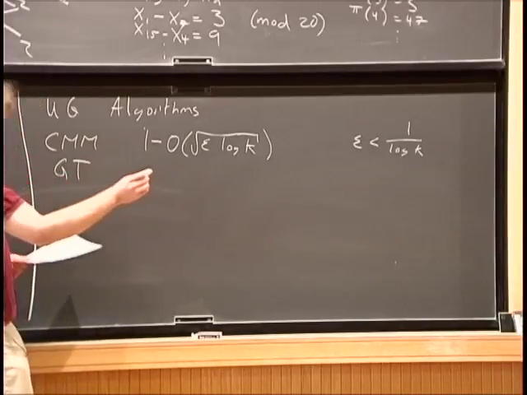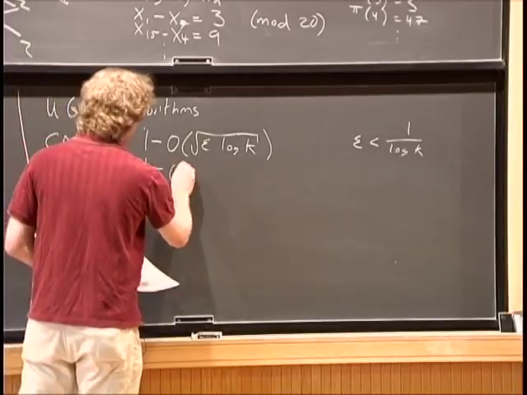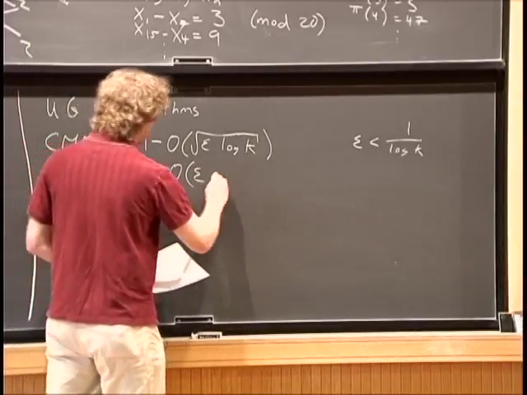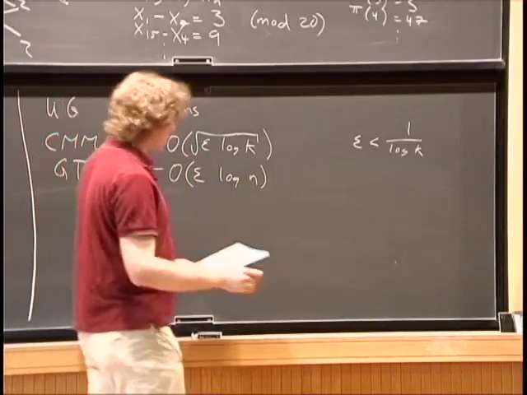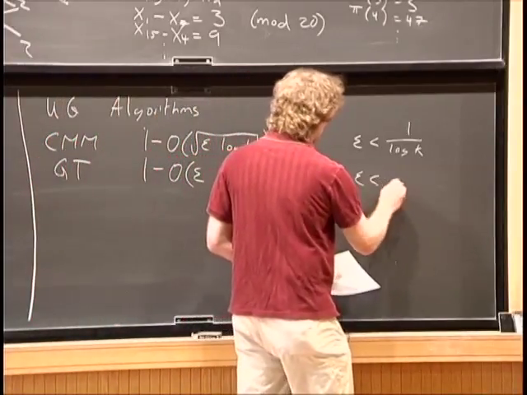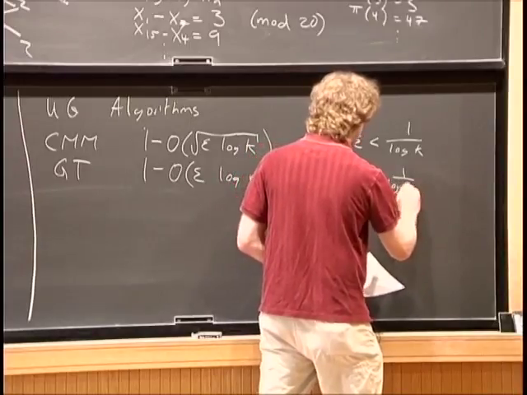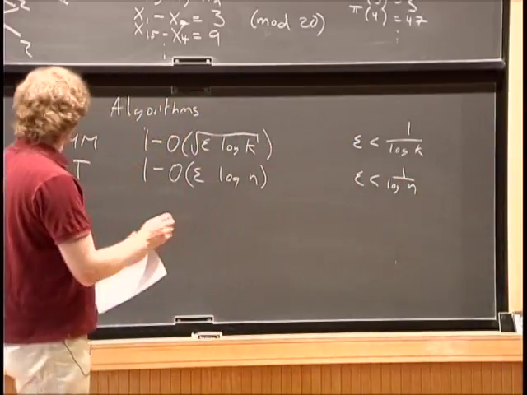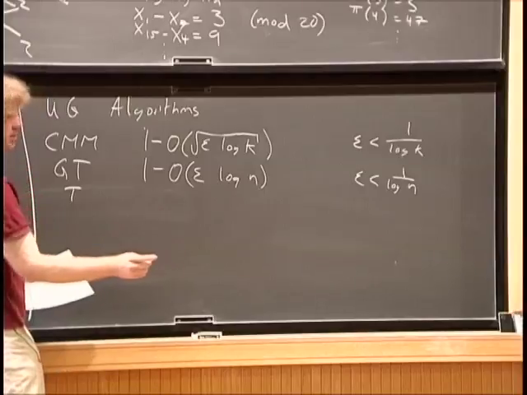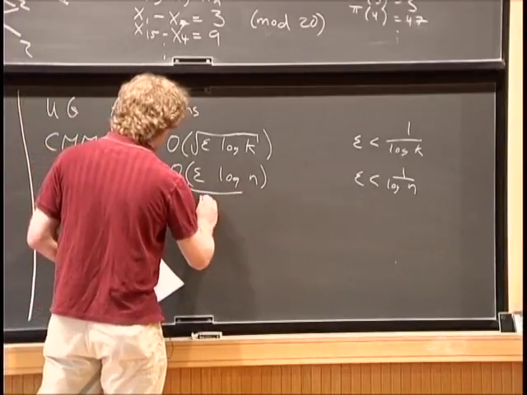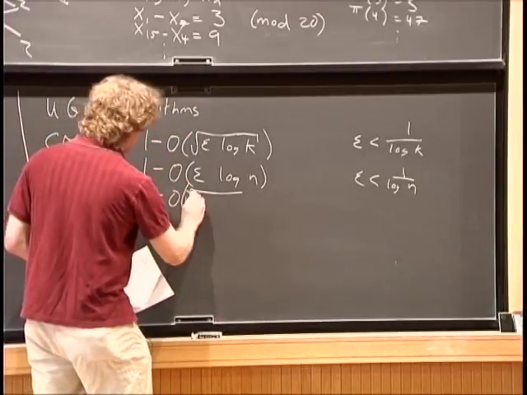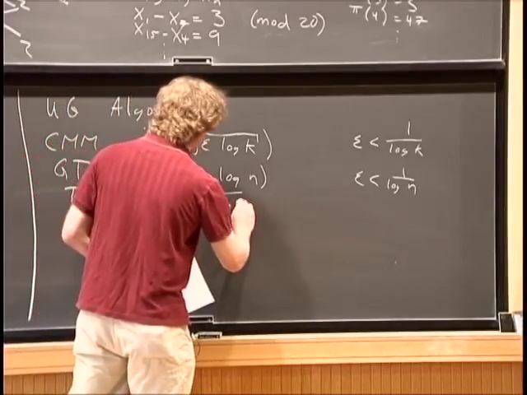Gupta and Talwar gave an algorithm that returns a labeling of value 1 minus epsilon log n. And again, this is only interesting when epsilon is less than 1 in log n. Trevisan gave an algorithm similar, order cube root epsilon log n.